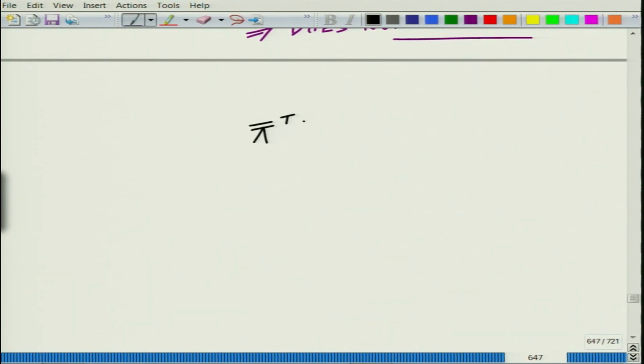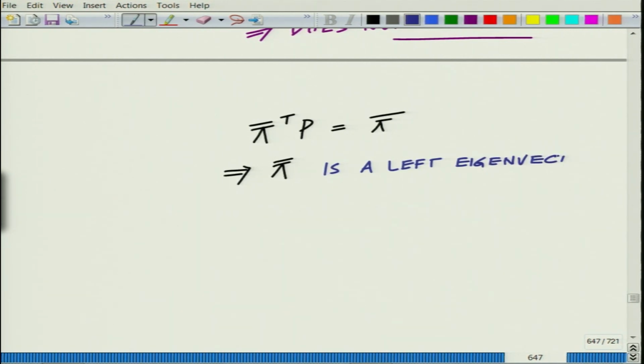Remember, pi bar transpose P equals pi bar. This implies pi bar is a left eigenvector of P, and remember, eigenvectors can differ by scaling.